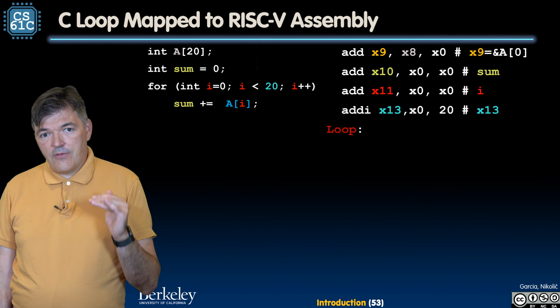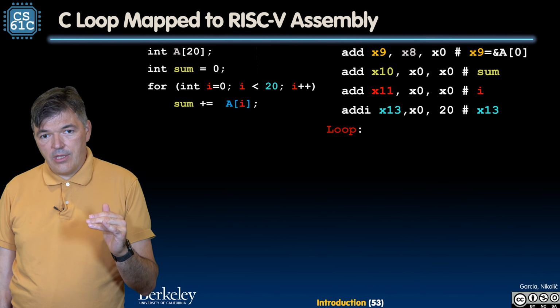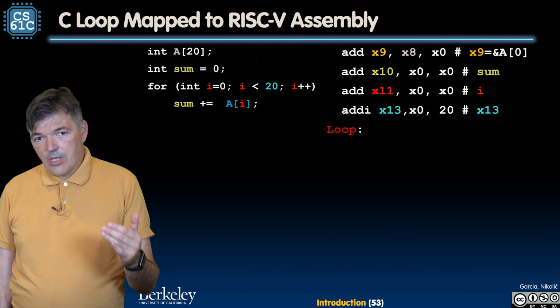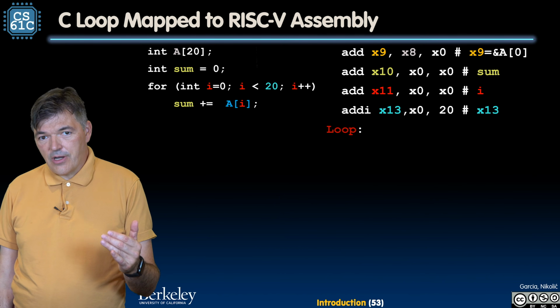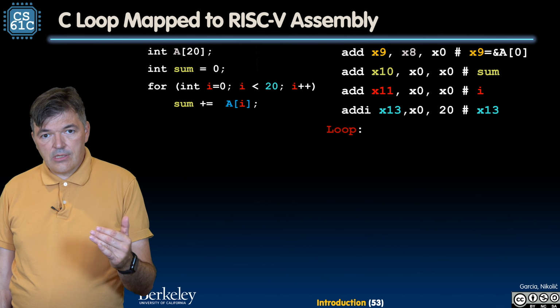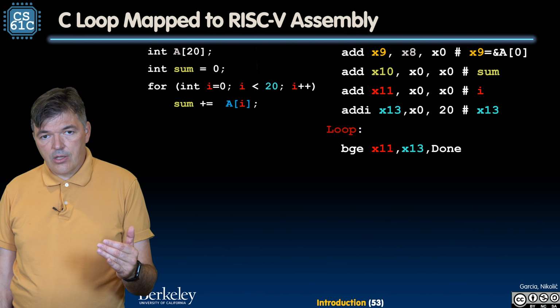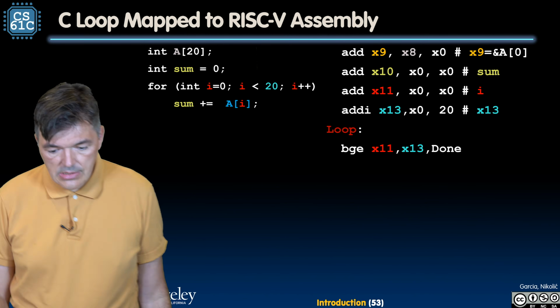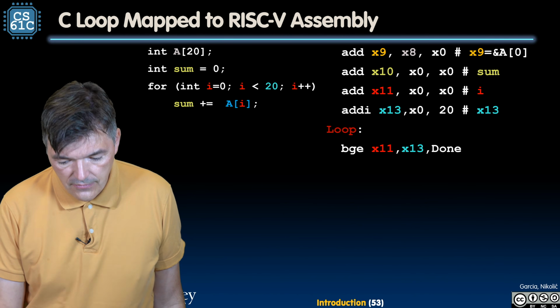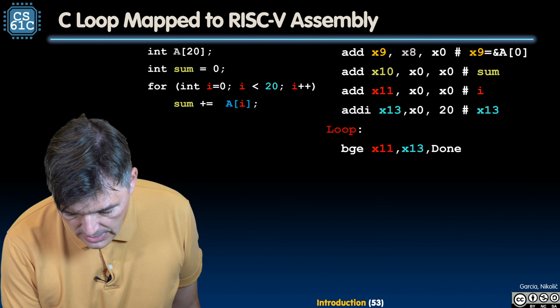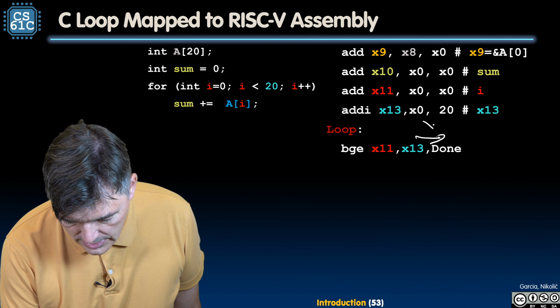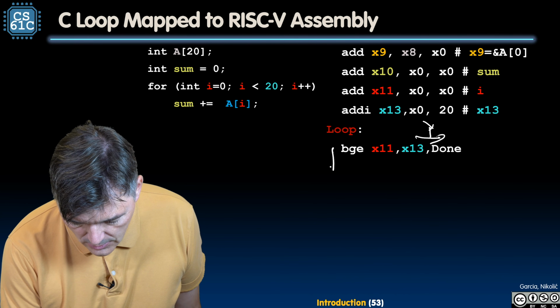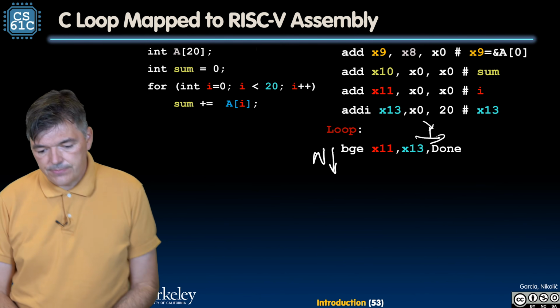Test the condition if you should exit right away, because it's the same logic that we have been following so far. If the condition to exit the loop is true, we just go to the end, to done. So in this case, if x11, if i has reached 20, we just go to done. If not, we stay inside the loop.